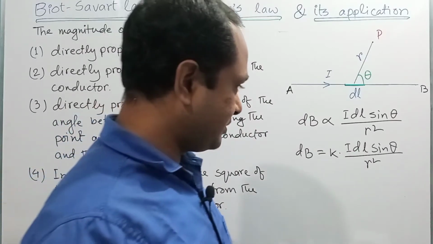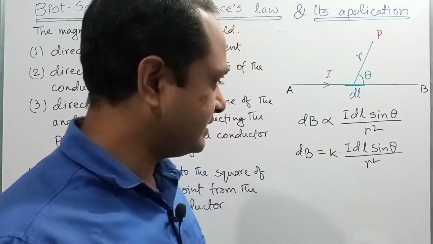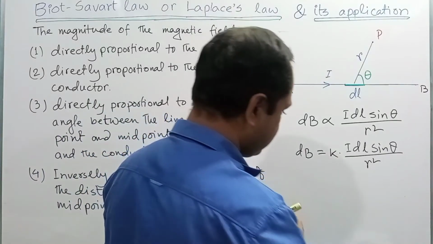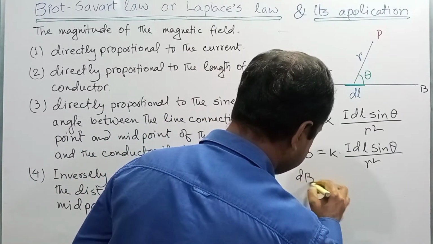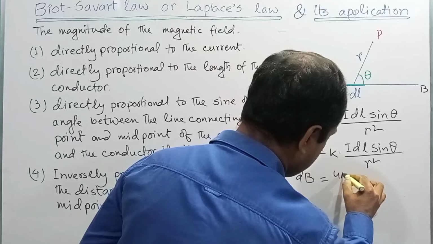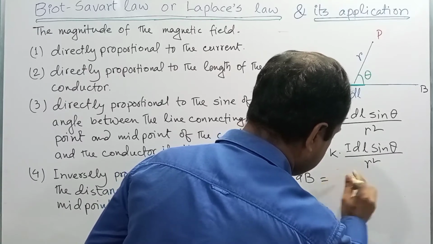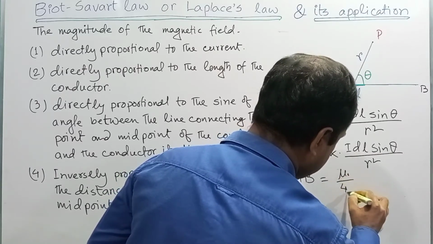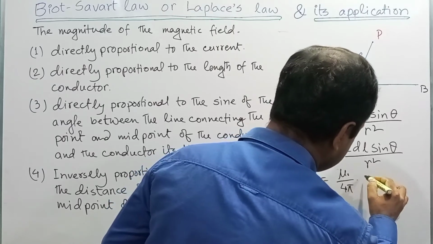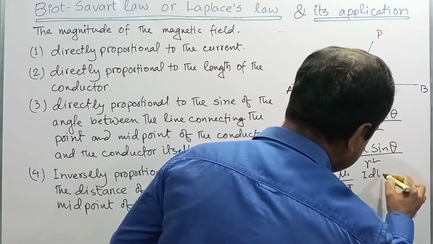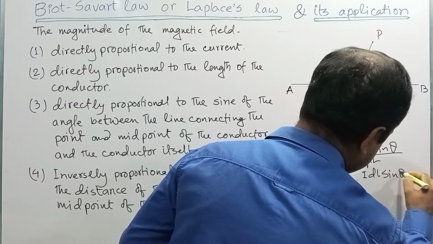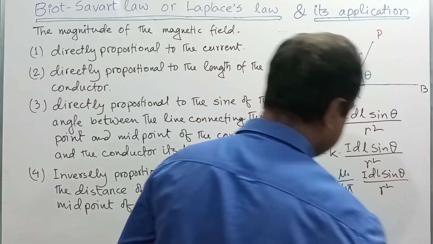For the air medium, and if the quantities are measured in SI unit, then the constant can be replaced, and dB is equal to mu naught divided by 4 pi into I dl sine theta divided by r square.